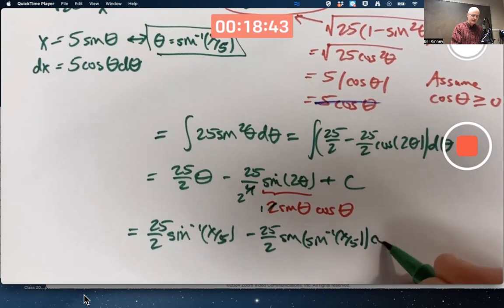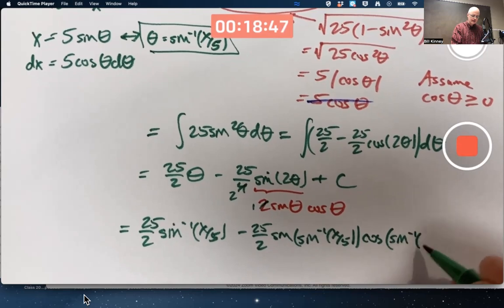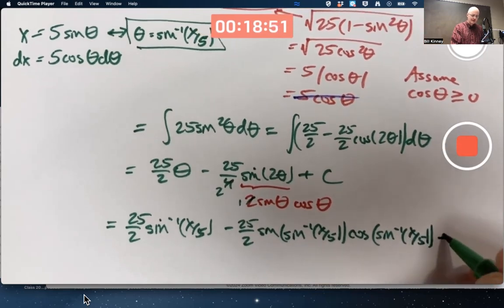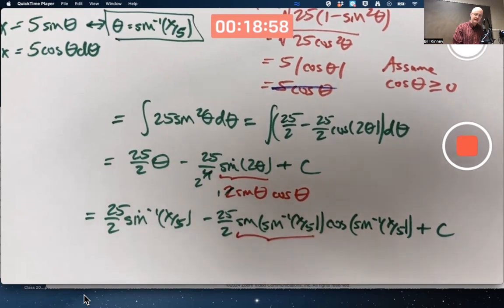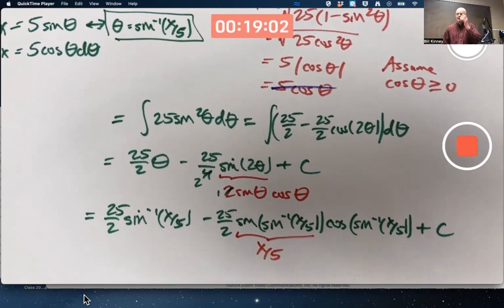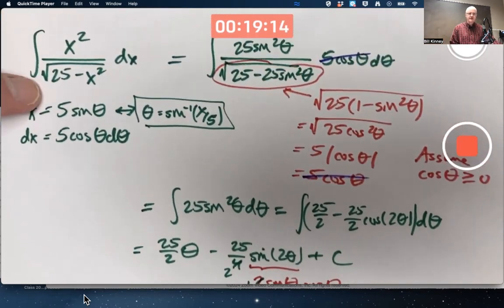And we also have cosine of theta is cosine of inverse sine of x over 5, plus c. Sine of inverse sine of x over 5 equals x over 5. At least for x over 5 being in the domain of inverse sine, which is between -1 and 1. And that will be the case as long as x itself is between -5 and 5, as it will be for this function.